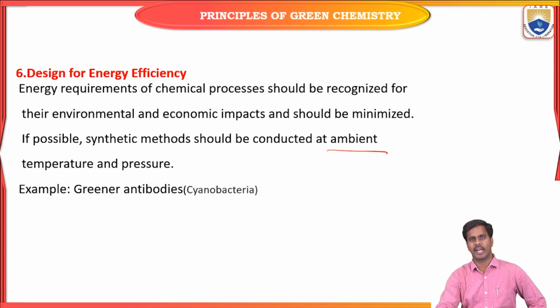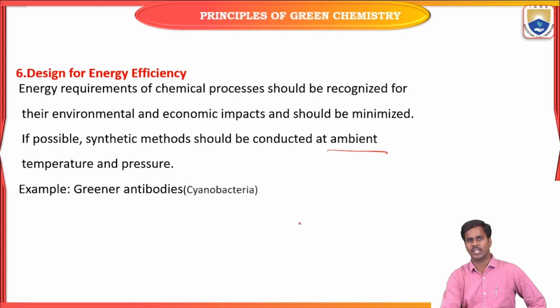So when comparing two reactions, one reaction takes place at high temperature and one more reaction takes place at ambient temperature. By comparing these two reactions, the reaction that takes place at ambient temperature is the eco-friendly reaction. Why?